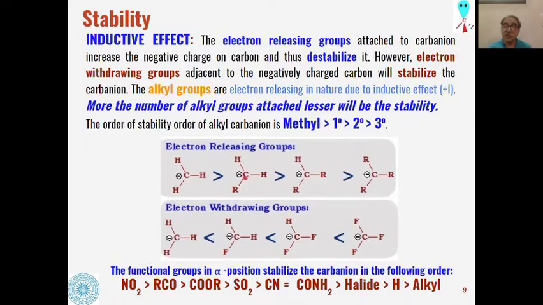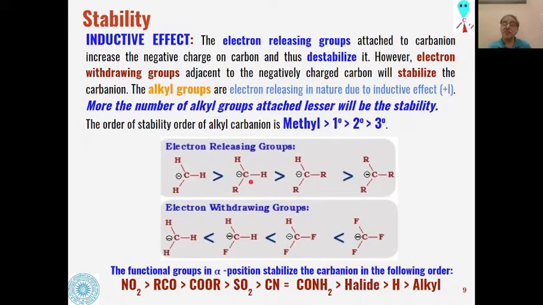That means it will increase the electron density on this carbon by releasing electrons from R to carbon. So overall it will increase the negative charge on this carbon. Therefore, this will destabilize the carbanion.